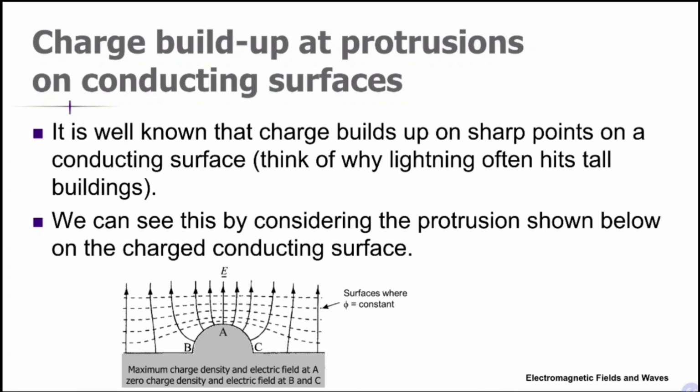If you have a lightning protector on a building, normally you have a sharp iron rod sticking out of the building, and that is the protruding area where it has the highest build-up of charge in order for the lightning to discharge.